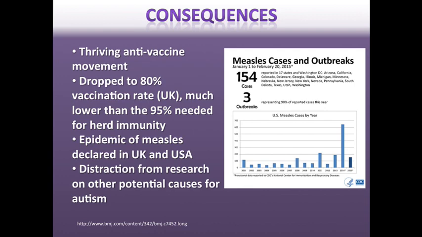Now, one of the major problems with this lapse in research integrity is that it sidetracked research on autism, which is a real challenge, into a direction that is entirely useless and that produced no additional information. Whereas all that effort and money could have been devoted to other research that could really help to understand autism better and potential ways of helping people with autism or potentially preventing it.